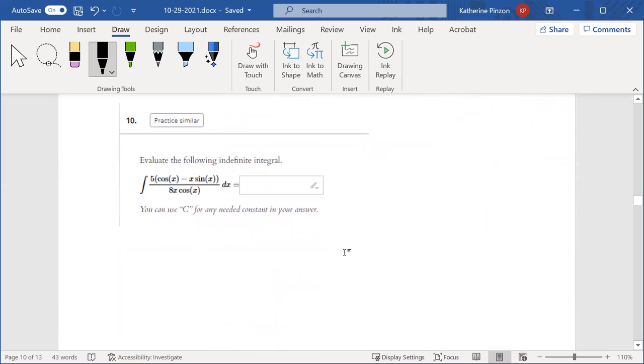Number 10. Oh man, this one looks really hard. All right, if you were a picker, what would you pick? Thinking cosine x minus x sine x. That's what I'm thinking. What would you do with the denominator if you pick that to be your u? I'm not too sure. How do our rules go?